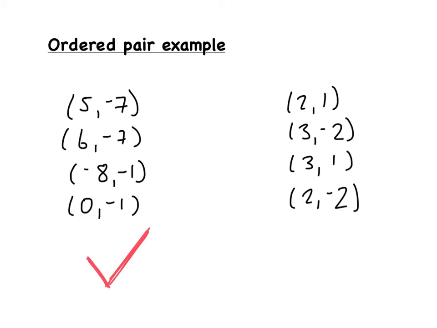So these right here make it not a function. Also, we even have a 2 in the x coordinate and a 2 up here. So this 2 is paired with a 1 and the other 2 is paired with a -2. So this also makes sure that it is not a function.